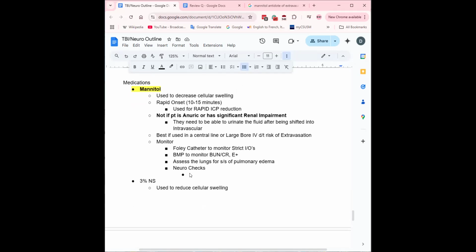So we knew that that was a sign that the treatment wasn't effective. The purpose of this is to decrease ICP, so the GCS should also be improving and the level of consciousness should also be improving. That's something for you to assess, part of the nursing process: you do something, you see if it works after.